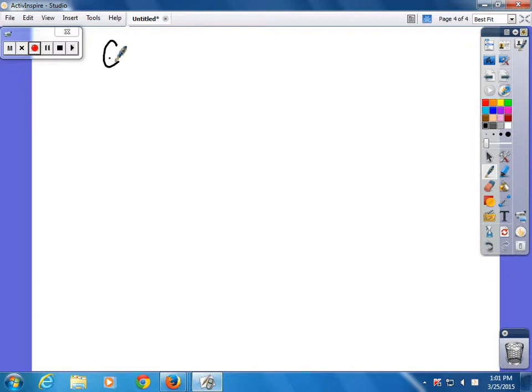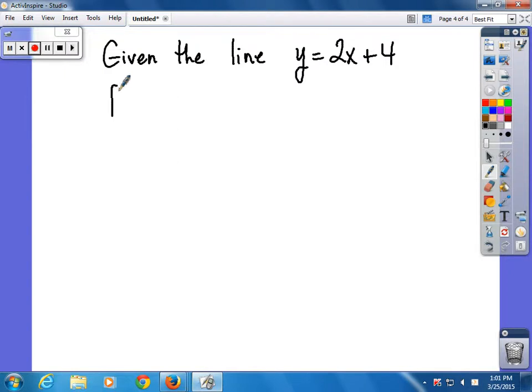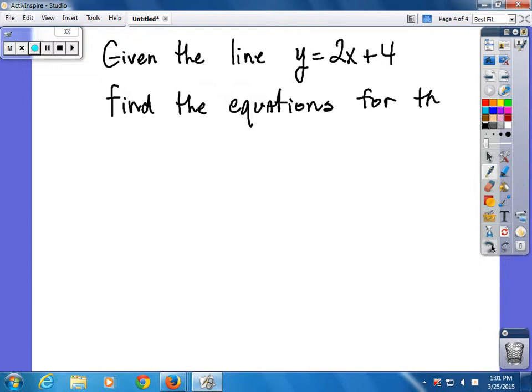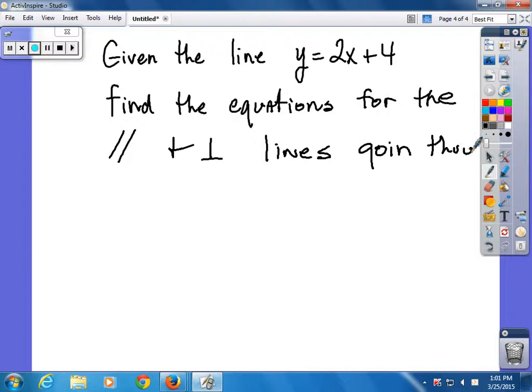Given the line y is equal to 2x plus 4, find the equations for the parallel and perpendicular lines going through the point 7, 4.